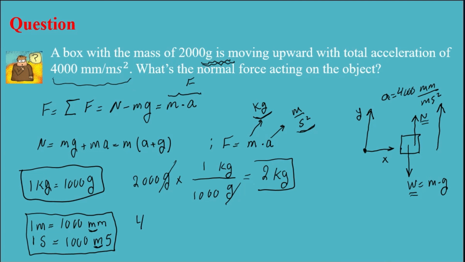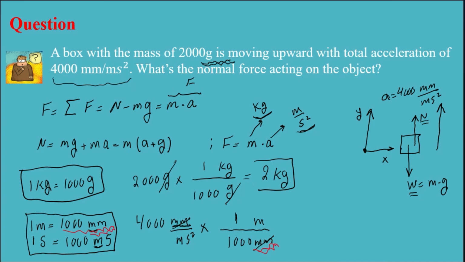So then I have 4000 millimeter per millisecond squared, right? Times. Now I need to put the units so that the millimeter cancels out. So that must be in the denominator, right? Then these two are going to cancel out. And then meter should be in the numerator.